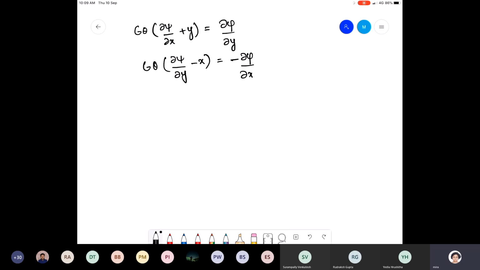If I take the derivative with respect to y and x respectively and add these two up, I get del 2 phi by del y square plus del 2 phi by del x square equal to minus 2 G theta.